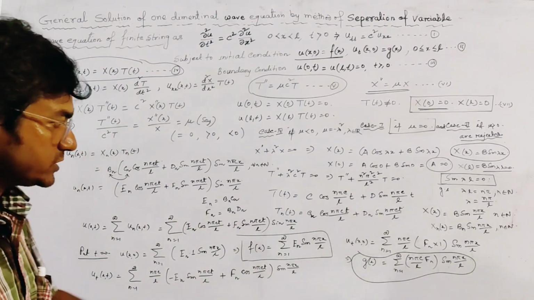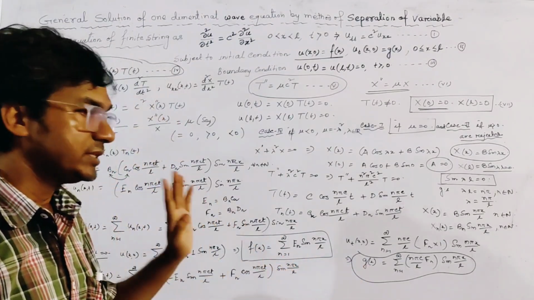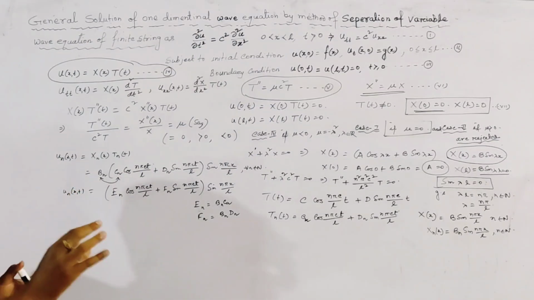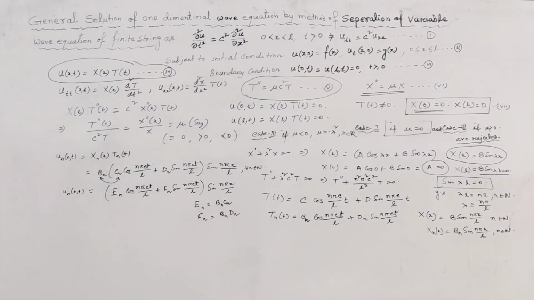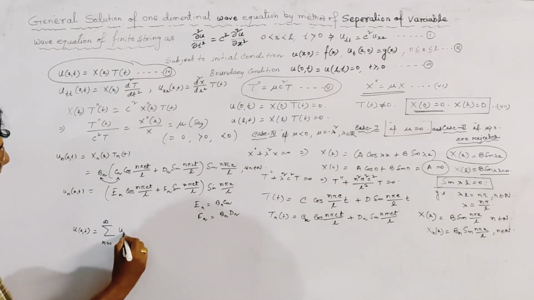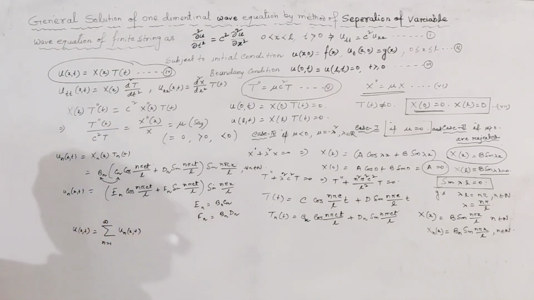Now from these two relations, it is clear that we can write the general solution of the equation. What is the general solution? The general solution of the equation, that is u(x, t), is equal to summation n equal to 1 to infinity. We use here the principle of superposition, and this is summation u_n(x, t), right?